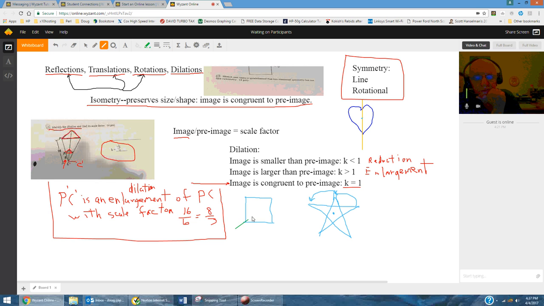This is a line of symmetry, because if I fold the square along that line, the two halves are going to lie right on top of each other. This is also a line of symmetry, because if I fold along that line, it serves as a mirror, and the right half will lie on top of the left half. And similarly, this is a line of symmetry.